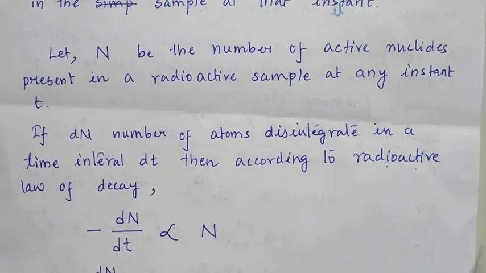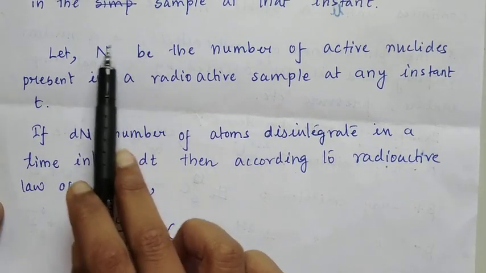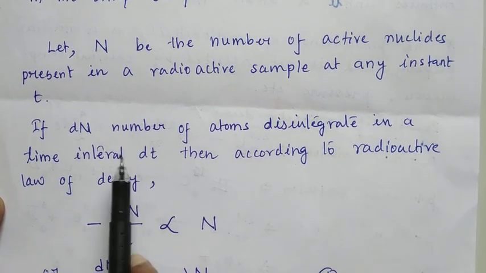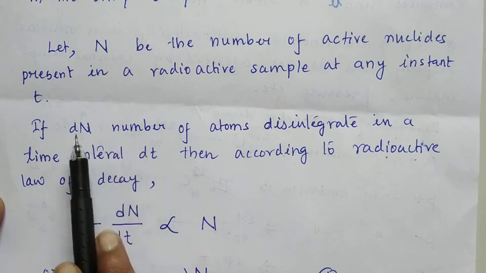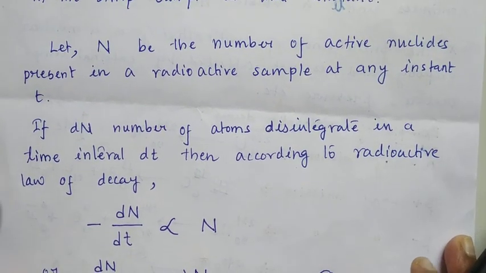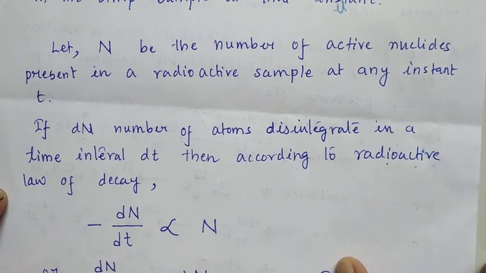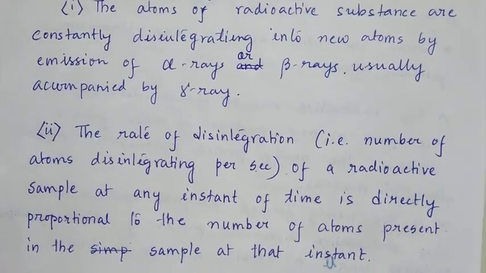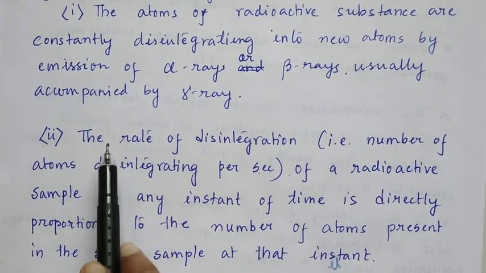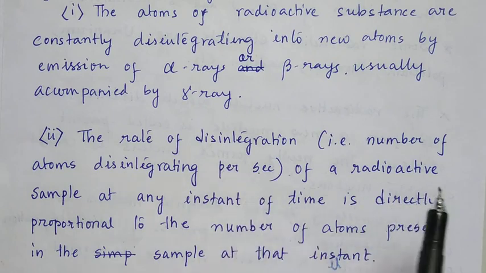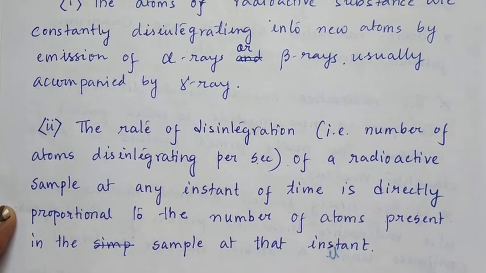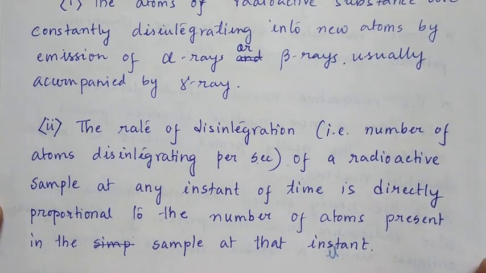Now with passage of time, this n number of nuclei are again decaying, disintegrating. If in a small time interval dt, dn number of atoms undergo disintegration, then according to the radioactive law of decay, the rate of disintegration is proportional to the number of undecayed atoms present in that sample.